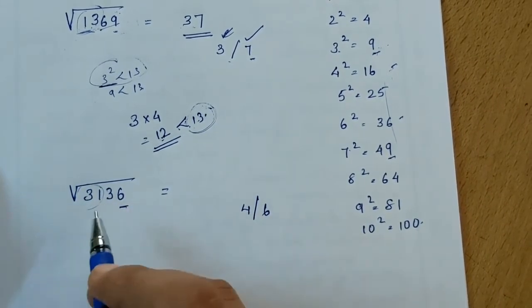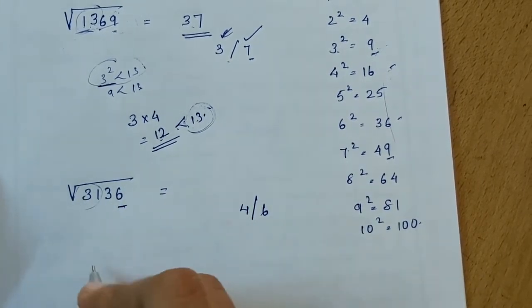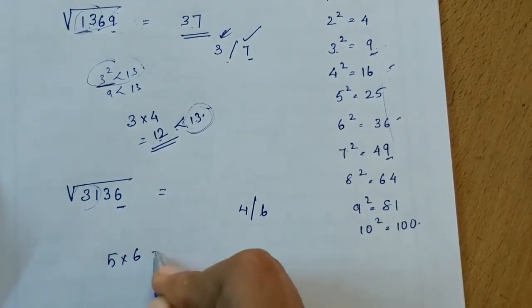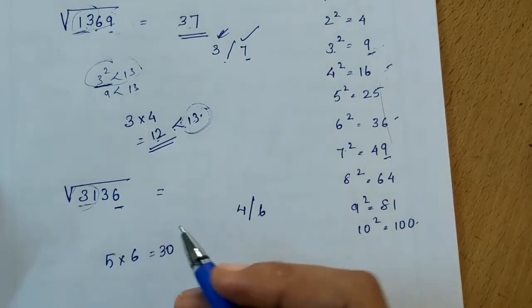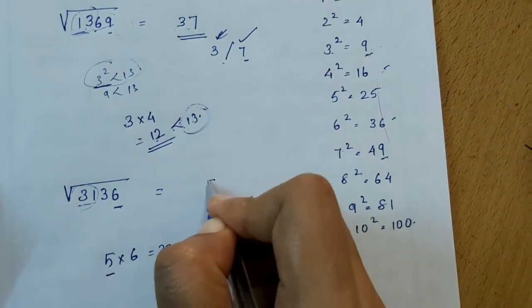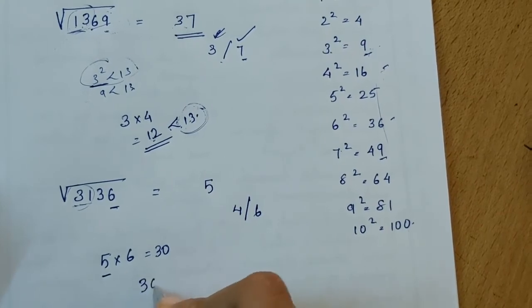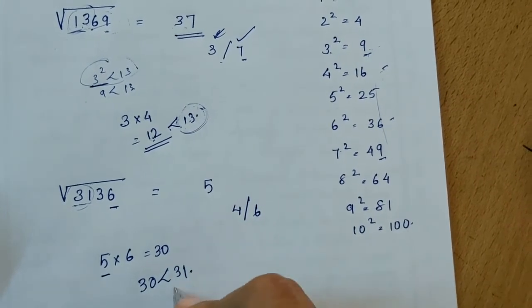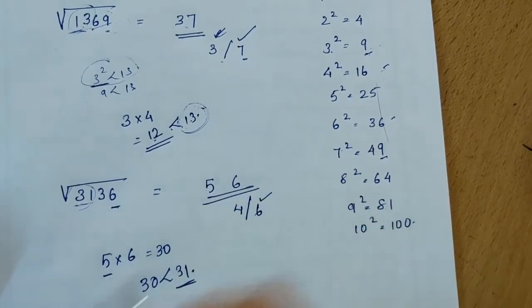When we take 6, it is 36, which is greater than that. So we have to take 5. 5 into 6 is equal to 30. 30 is less than 31. So 31 is higher, so we have to take the larger value, 56.